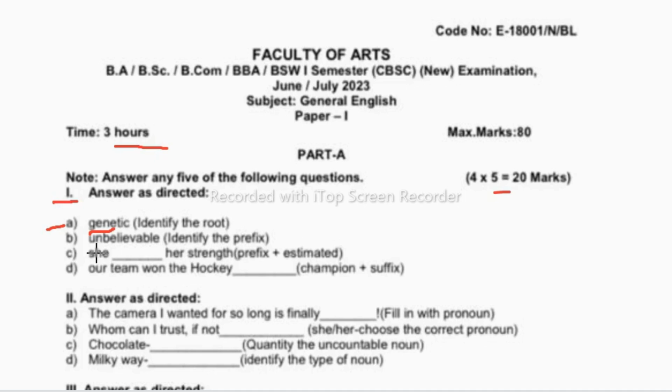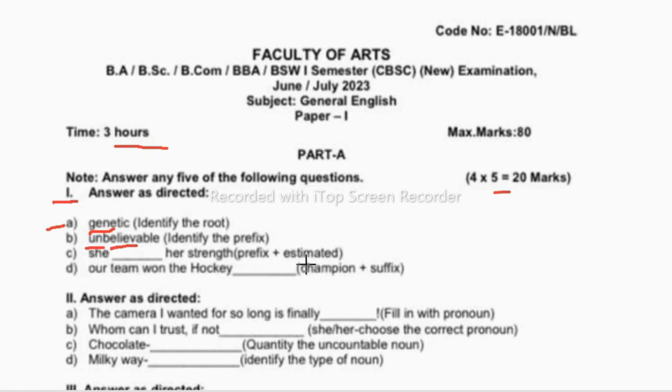Here 'un' is the prefix because independently this 'un' cannot give us meaning, and it's coming before the root word, that's why it's a prefix. 'Believe' is the root word and 'able' is the suffix. So you have to write this word, or else you can write directly 'un' equals prefix and the number as well.